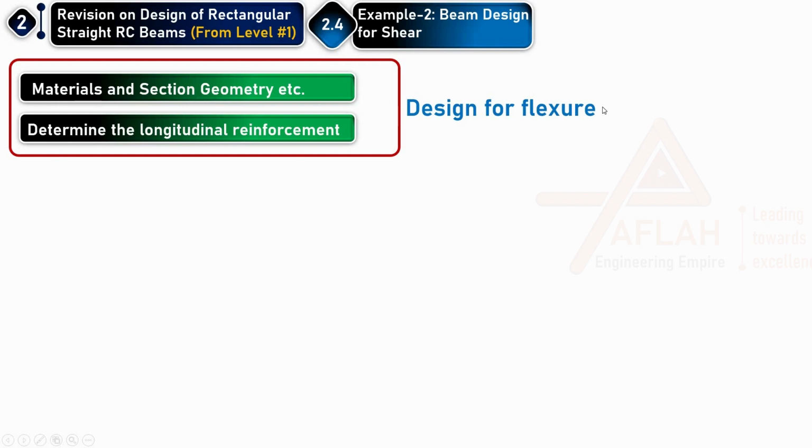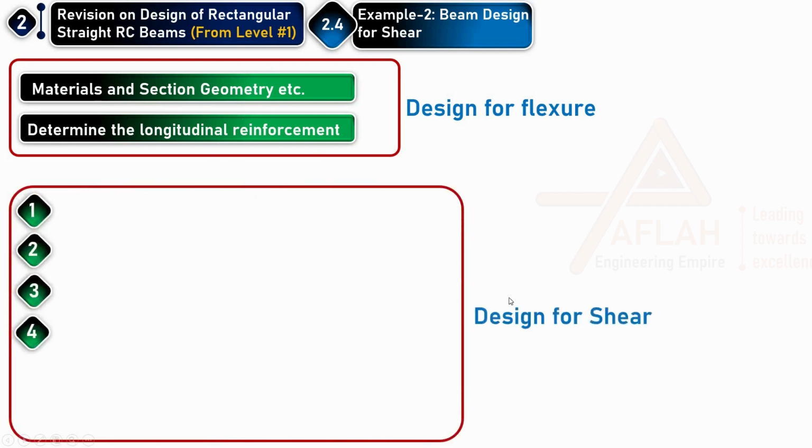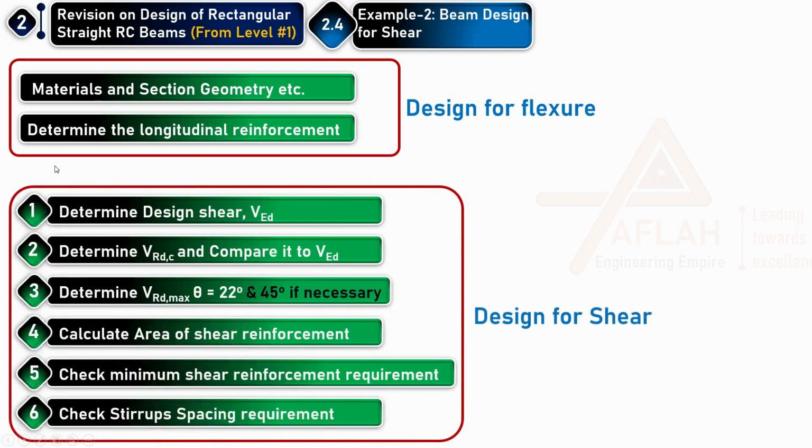Once you find the reinforcement for flexure, the data here, the depth, the beam width, and the reinforcement that is calculated here will be used in the calculation of the shear. So in the shear calculation, we have these 6 main steps, or the chart that you saw in the previous slide can be summarized here. Then we will follow these steps one by one.